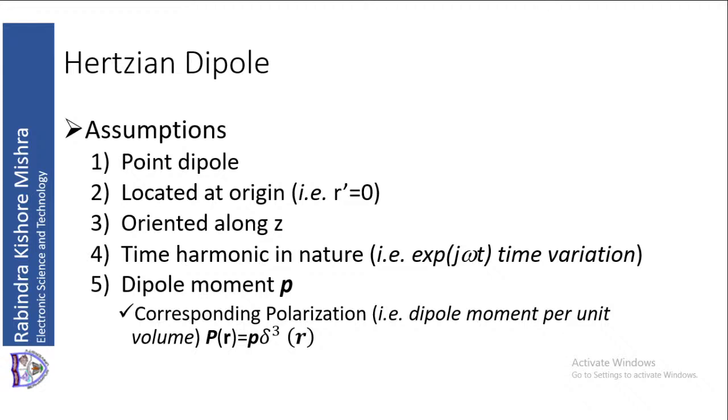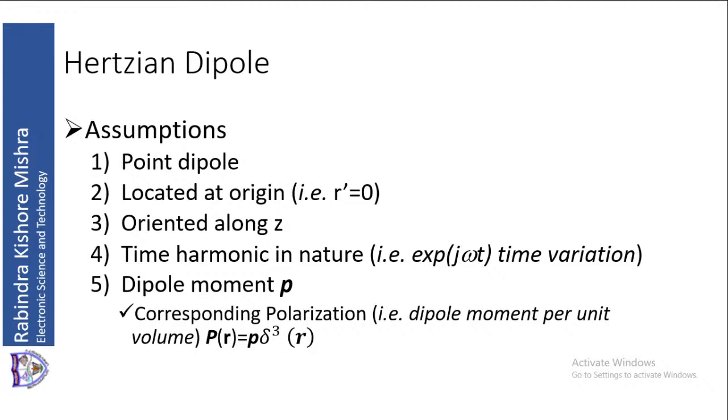It is time harmonic in nature. The time variation is of the form exponential j omega t. Then we have a dipole moment p. For two points, the dipole moment is p into dl.